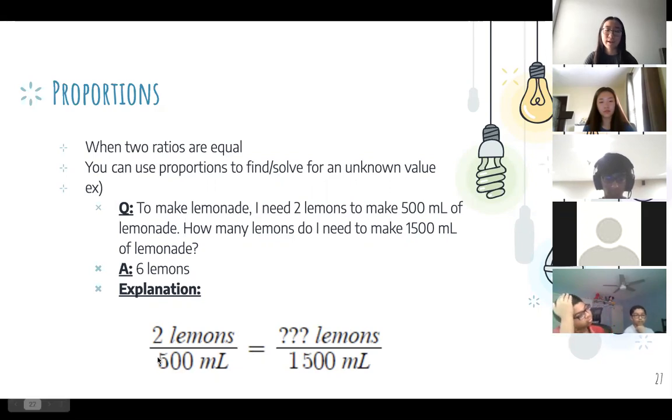Or you can think about it as 500 milliliters, but we're multiplying that by 3 times to get 1,500 milliliters, so we also need to multiply the number of lemons by 3 times. Or you could find how much lemonade 1 lemon makes, but that's a little bit more tedious. And you can see here, this is the multiply by 3 method.